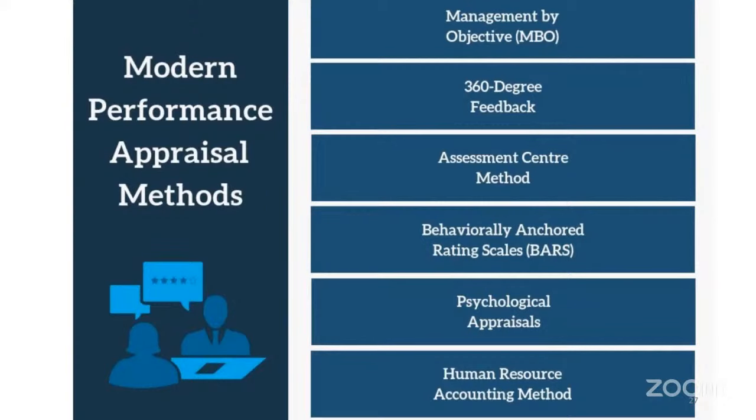Then we have BARS. Please remember the full form of BARS also, behavioral anchored rating scale. Then we have psychological appraisals, human resource accounting method. They are modern performance appraisal.